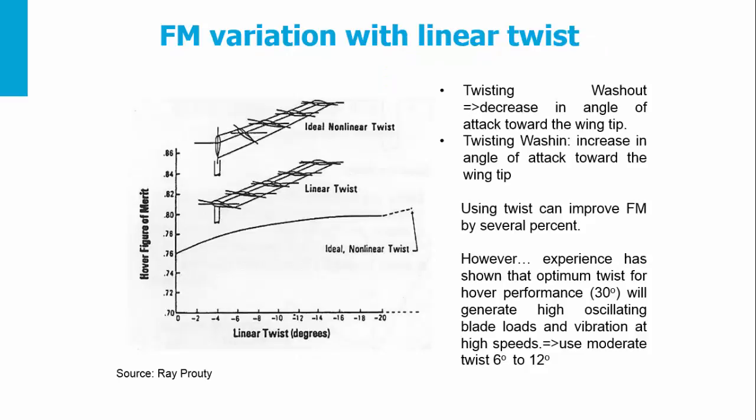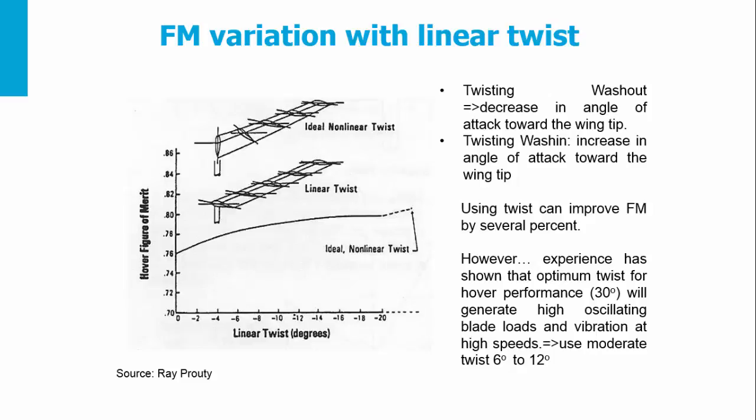The figure of merit variation with the linear twist improves a few percent. You see in this figure the linear twist as a function of the figure of merit in hover.